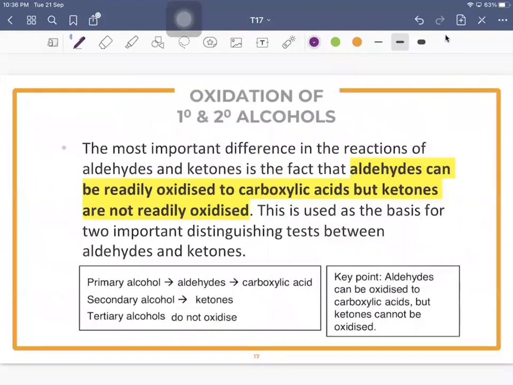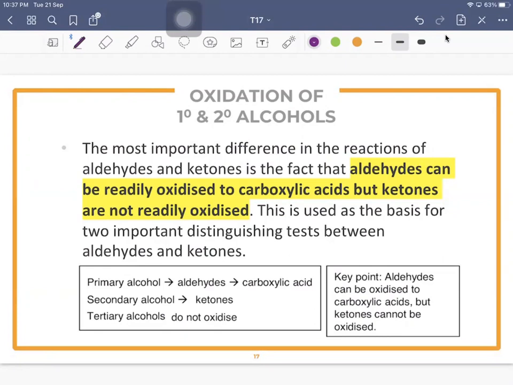Moving on. The most important difference in the reactions of aldehydes and ketones is that aldehydes can be oxidized further, whereas ketones cannot be oxidized further. We can use this reaction later on to differentiate between aldehydes and ketones.